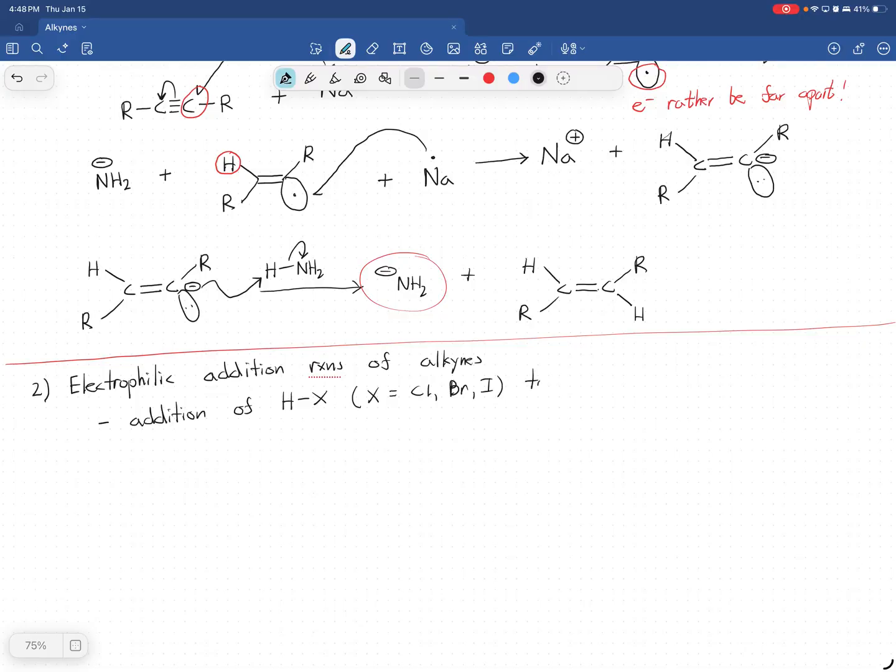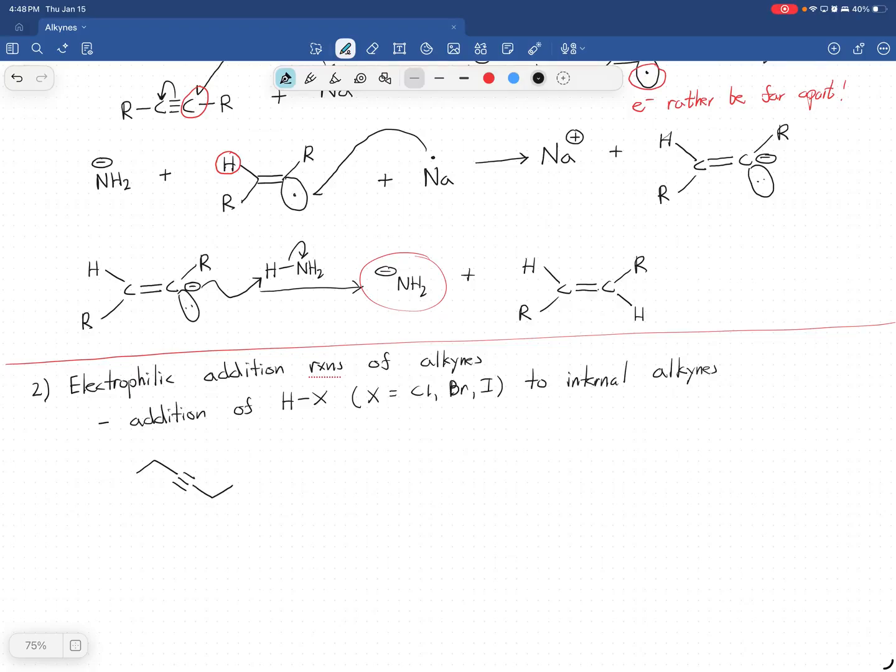So this works for internal alkynes. It does also work for a terminal, but we're going to just start our discussion on internal alkynes, okay? All right. So we have an alkyne here.